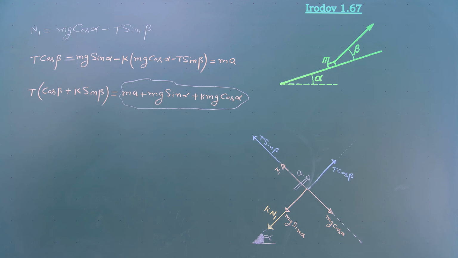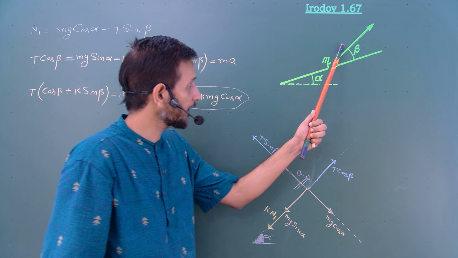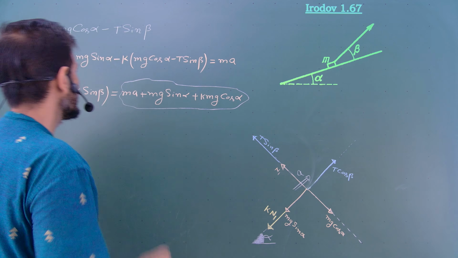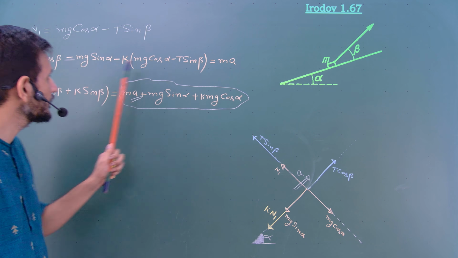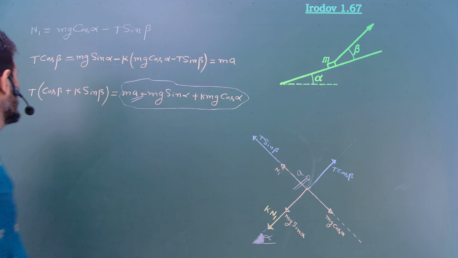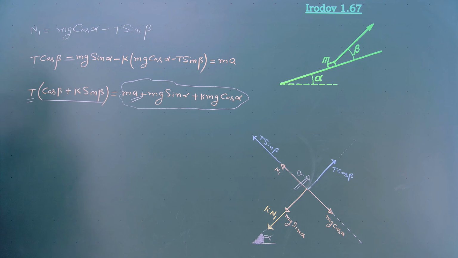For minimum tension, we have to calculate the minimum tension. So when tension is minimum, there is a fixed tension and there is a fixed beta. So there is a fixed acceleration. So this complete part is constant. So for minimum tension, this part should be maximum.